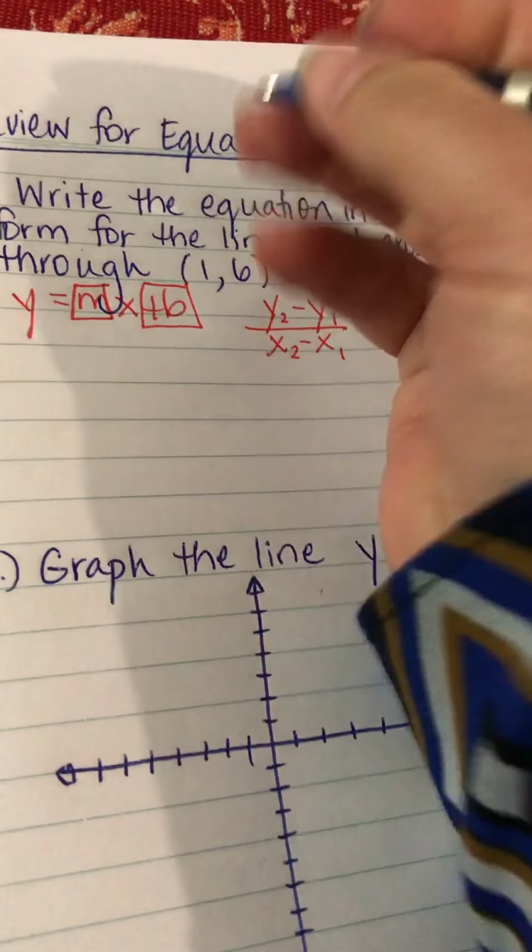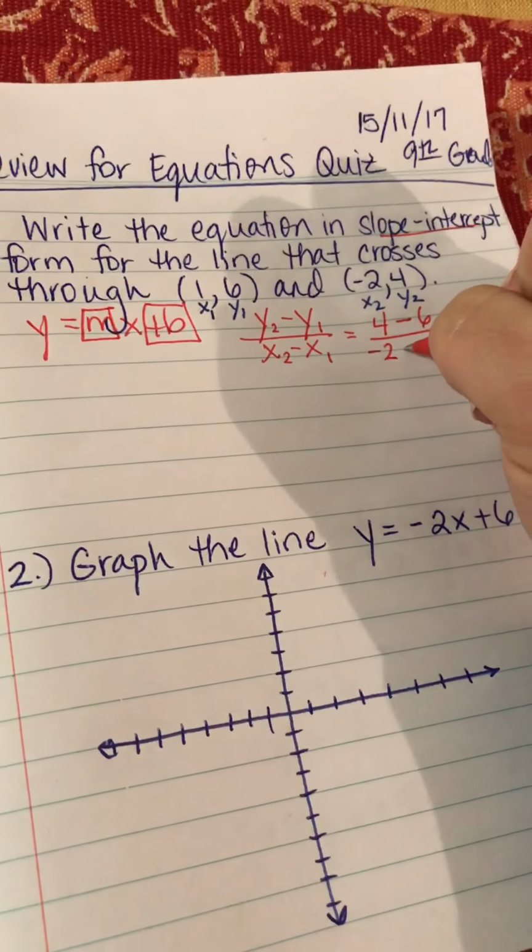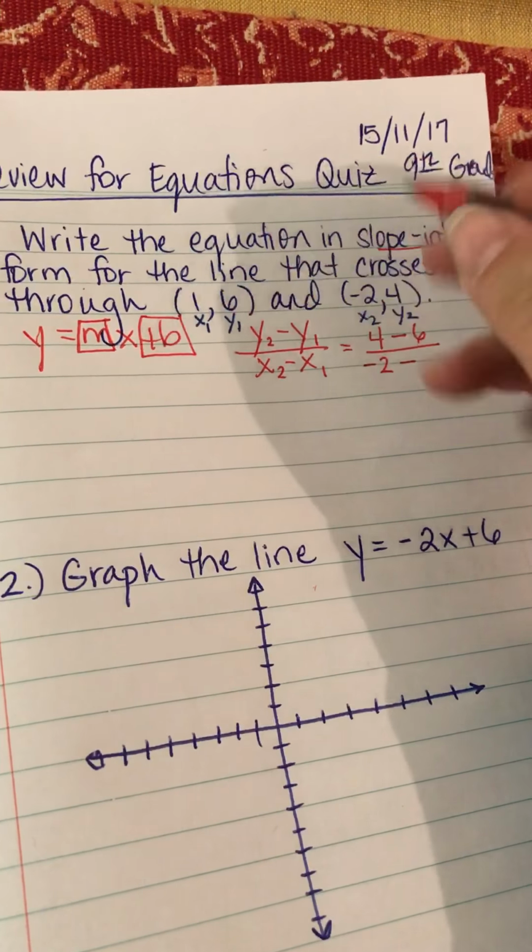And so then we're going to plug them into the equation. So it wants y2, that's 4. So I have 4 minus y1, which is 6, divided by x2, which is -2, minus x1, which is 1.